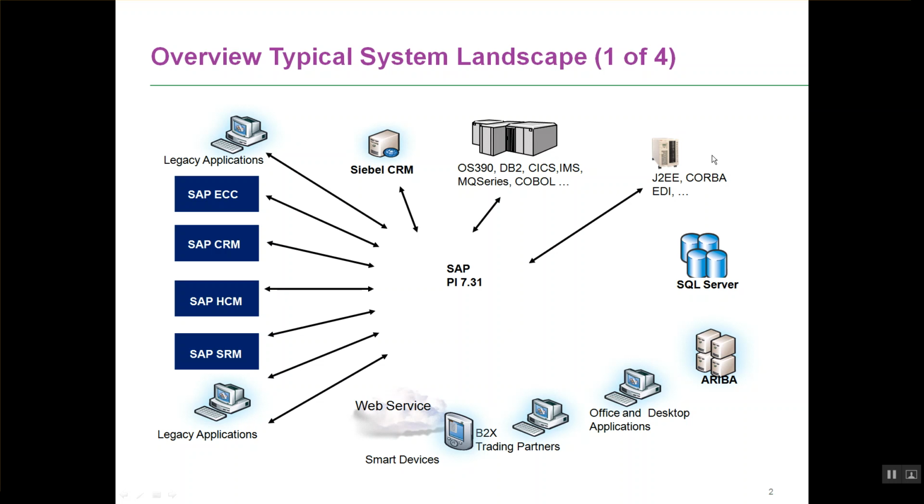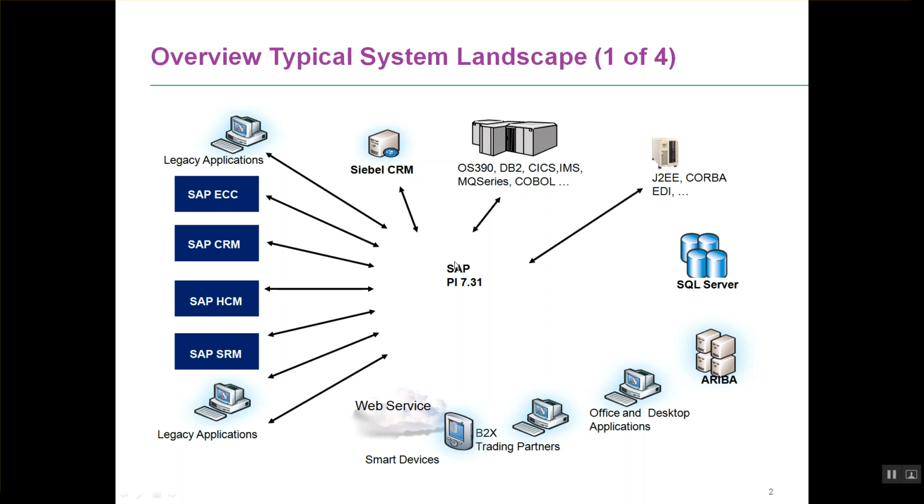You can have third-party J2EE applications running, CORBA applications. You can have databases, SQL Server databases. You can have supplier network collaboration. The basic idea being any customer's IT landscape or system landscape is extremely complex. There are hundreds and thousands of applications running in the customer landscape.